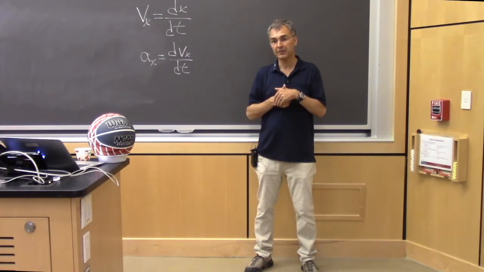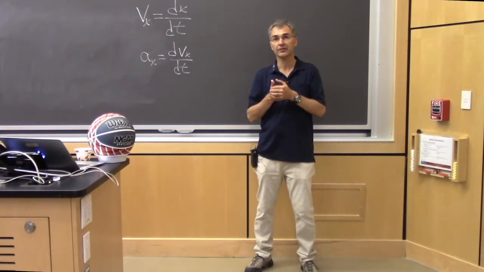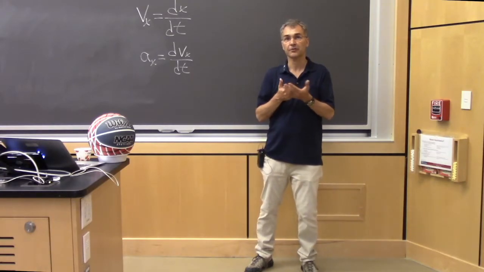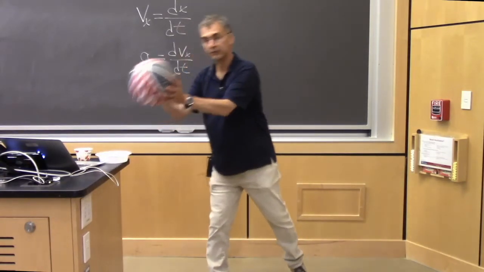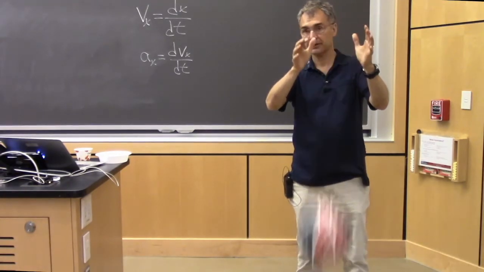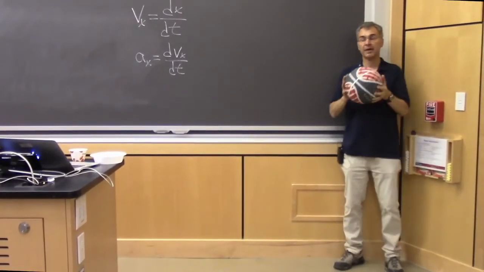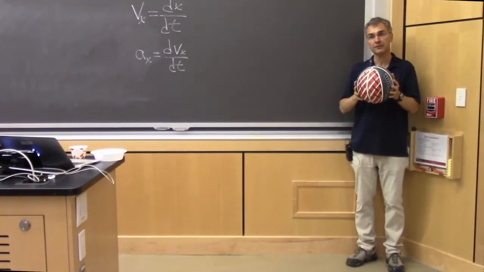But free fall basically means that the only non-negligible influence on an object is the gravitational attraction between that object and Earth. So if we take a basketball, I can drop it, and my approximation is that the basketball is in free fall.